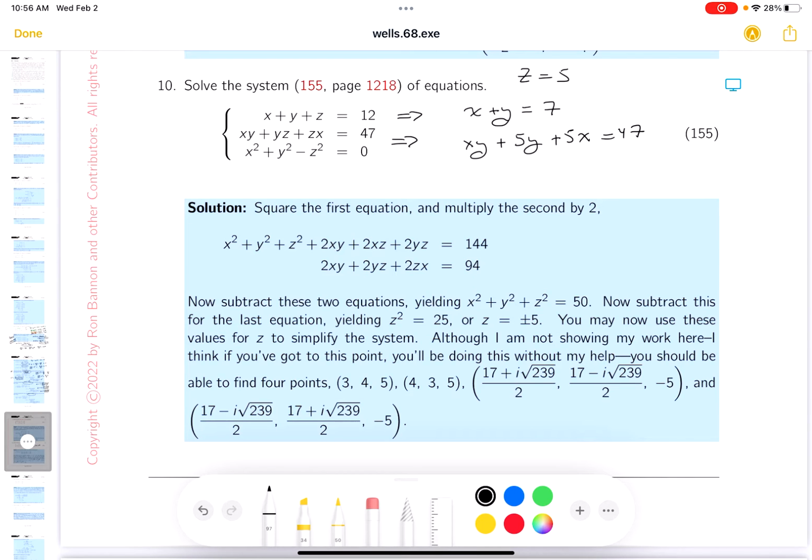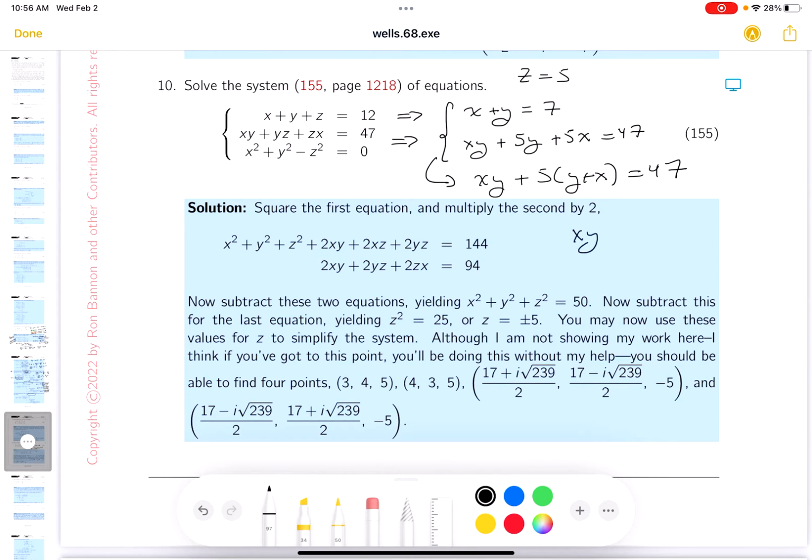But I have two equations with two unknowns now. Two equations, two unknowns. I'm actually going to use this. I'm not going to go to the next one. I'm going to use this one. And what would you get over here? Well, xy plus 5 times y plus x is 47. Do you know what y plus x is? It's 7.